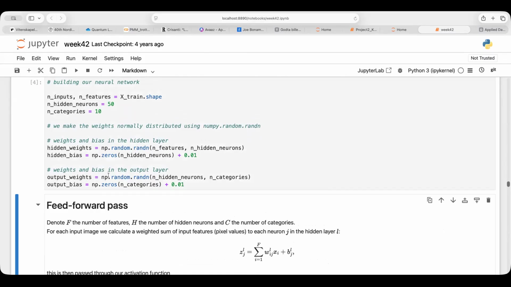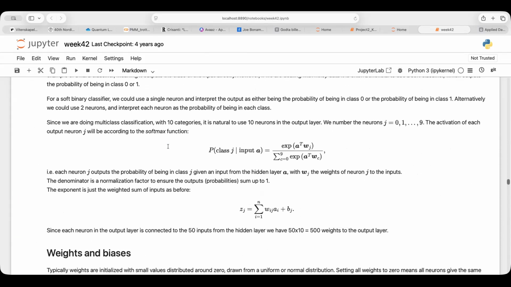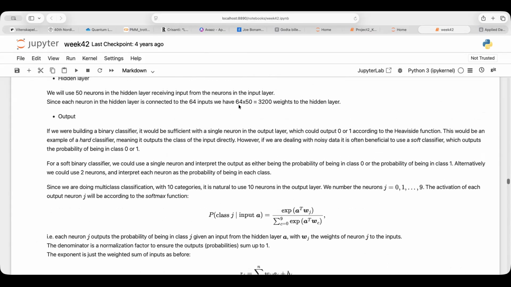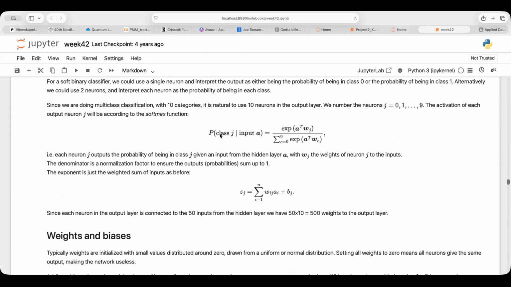And we do the same thing for the outputs. So we have the hidden neurons, which then connect to 10 categories, 10 classes. So this would be then a matrix of dimension 50 times 10. And this is a matrix, as you can see back here, of dimensionality 64 times 50.